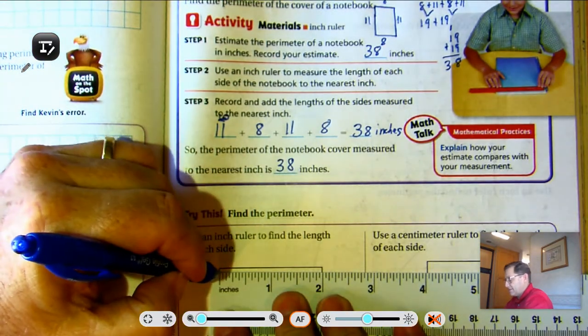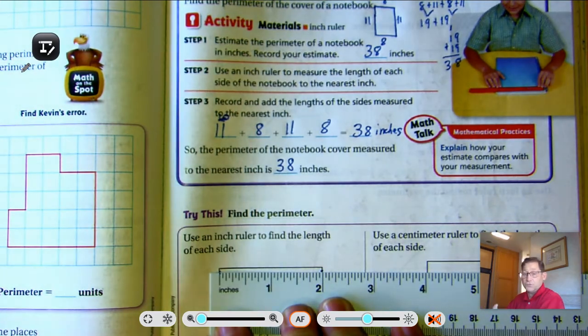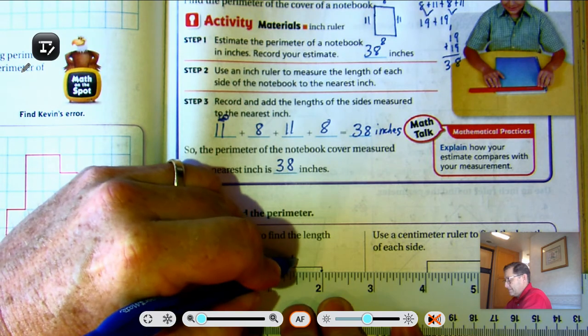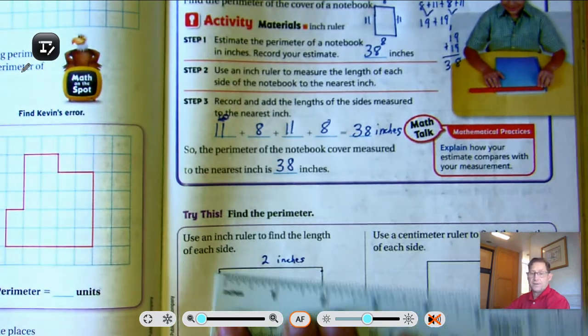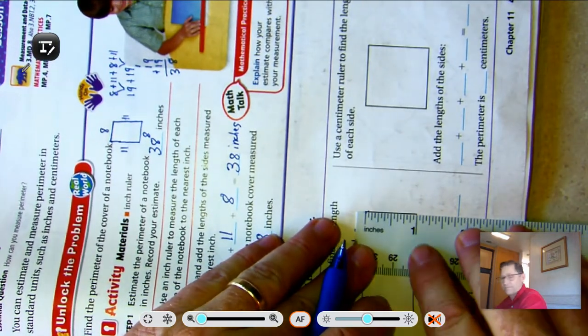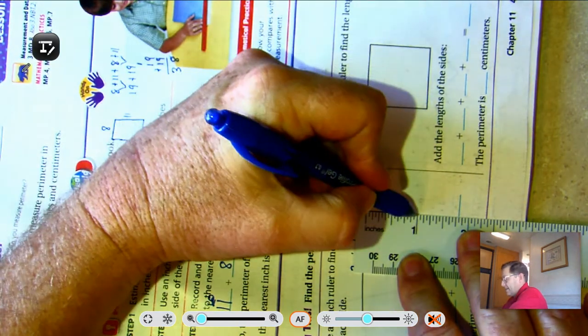Okay, so I see that it starts here and ends right there. That's right on 2. So this is 2 inches. Okay, how about the width? I put it at 0, and I see where it ends.